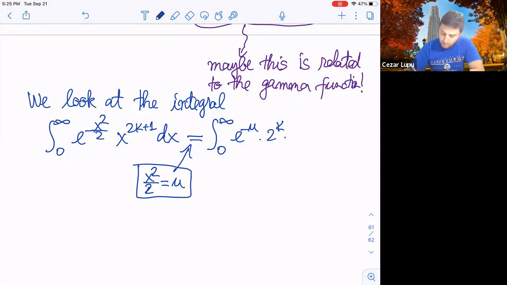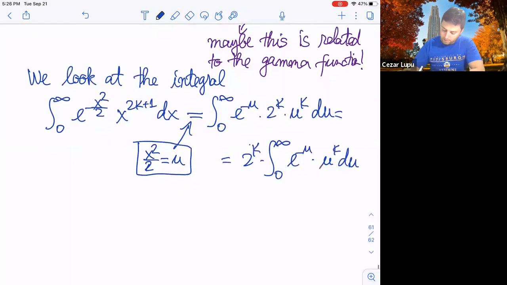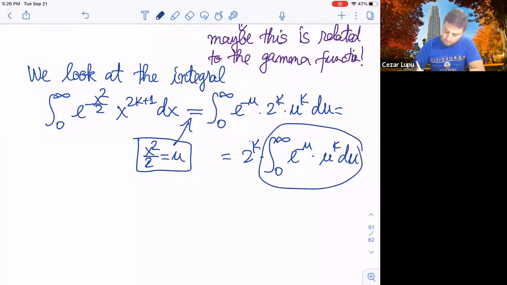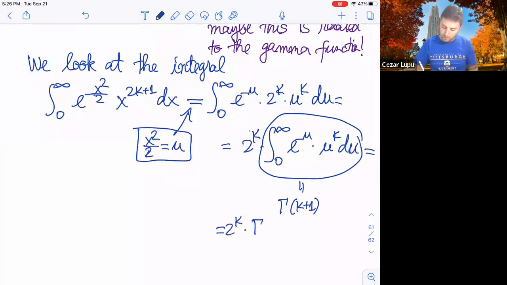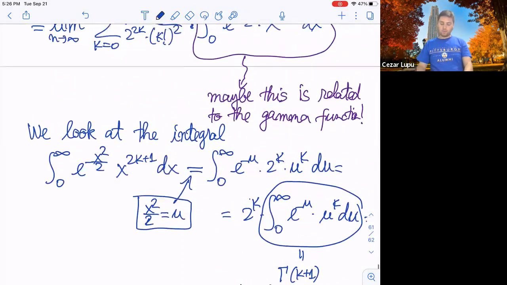And u to the power k du. So this would be 2 to the power k times the integral, okay, that's the gamma function, which is gamma of k plus 1. So this would be 2 to the k times gamma of k plus 1, but gamma of k plus 1 is k factorial.